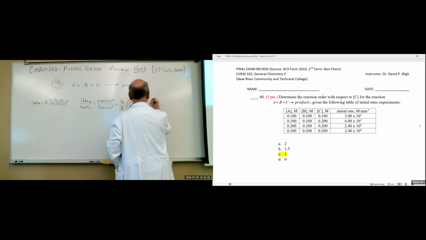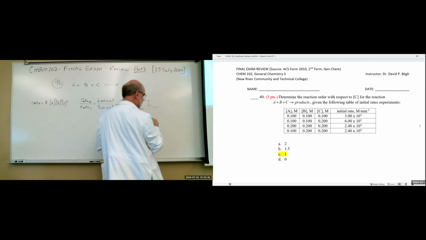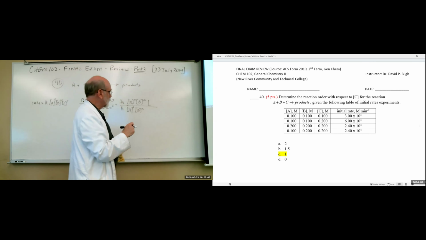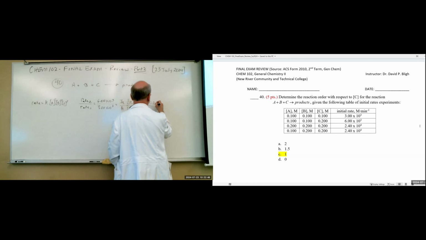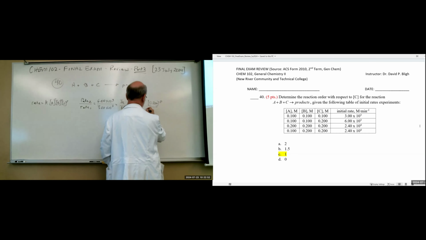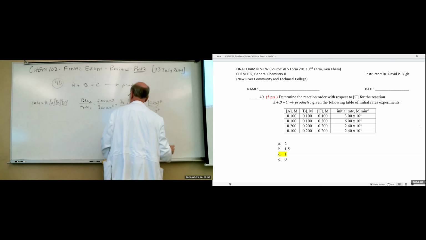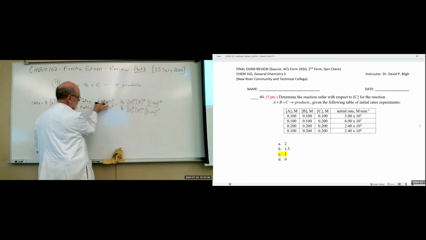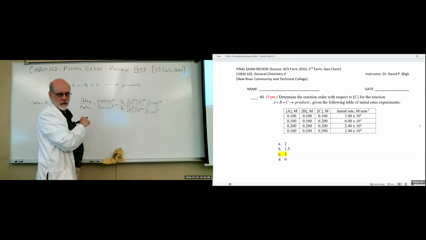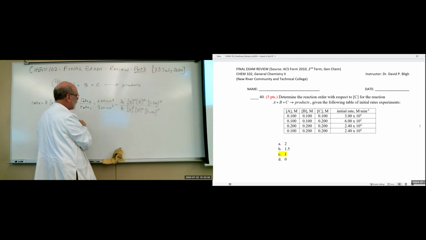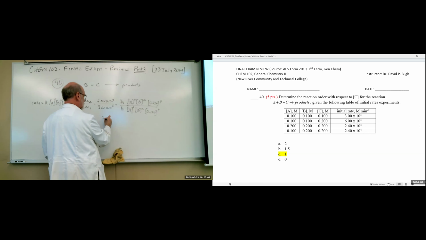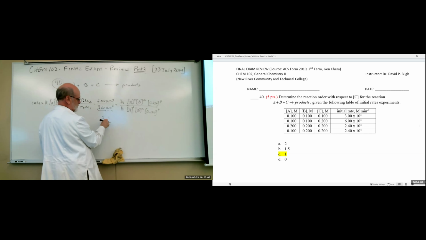Now C for the second experiment is 0.2 to the P, and the first one is 0.1 to the P. So our expression is 6 divided by 3, which is 2.